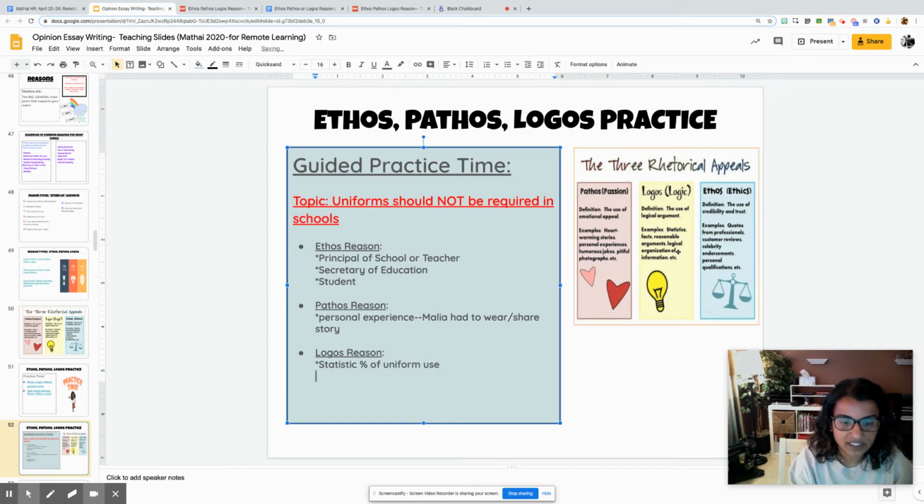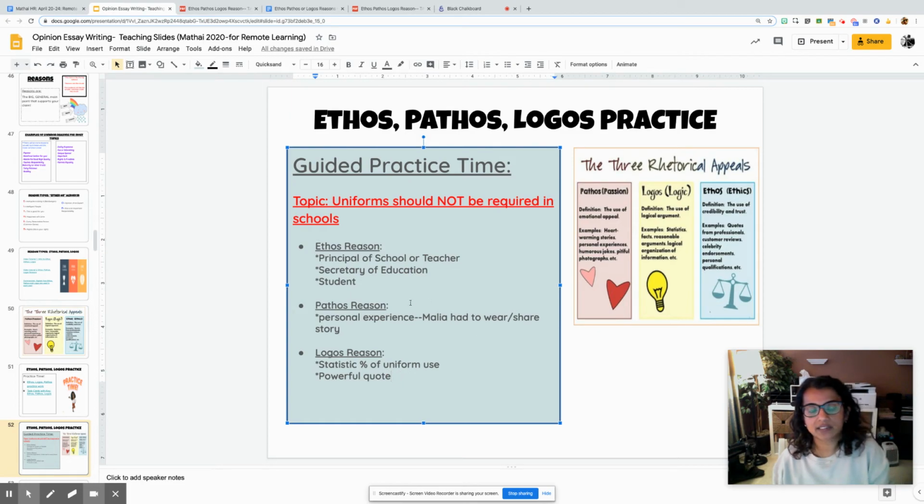And you could find something like that. You could find some good numbers or just a really good, powerful quote that would really help your reader to see the facts. Okay. I think this part you're going to be an expert at.